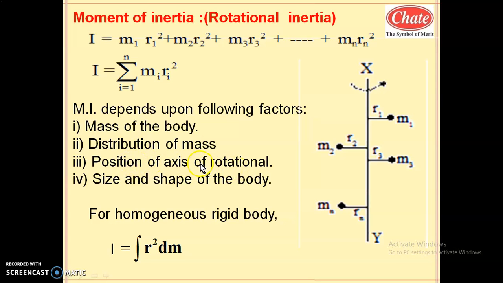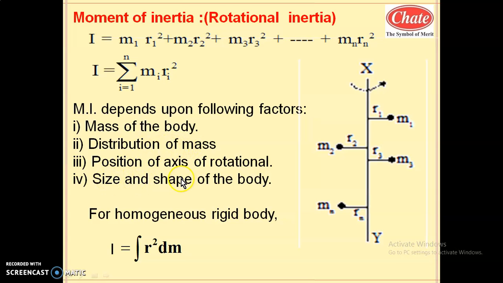Least moment of inertia is about an axis that passes through the center of mass. As the distance from the center of mass increases, the moment of inertia increases. That you will understand by the parallel axis theorem. Also, moment of inertia depends upon the size and shape of the body. So these are the four factors on which the moment of inertia depends. Actually, size and shape are also a part of the distribution of mass.